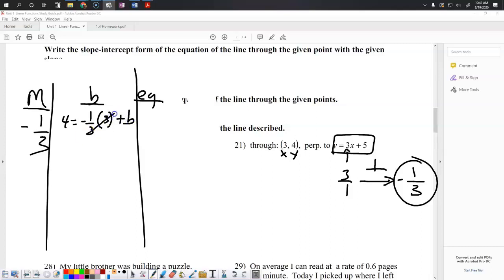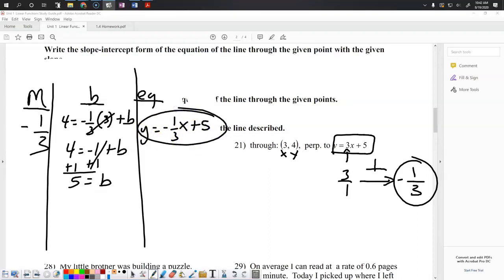In this case, the 3's cancel. That's kind of nice. No fractions. And we get b equals 5. So final equation for that one would be negative 1/3 x plus 5. Okay. Moving along, moving along.